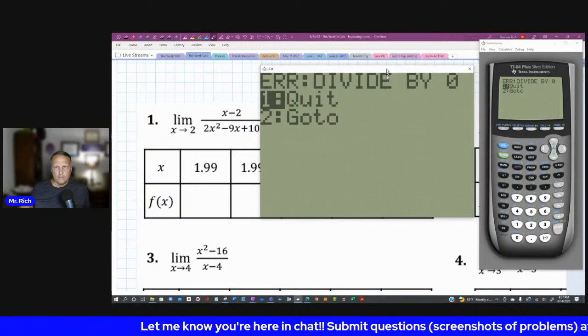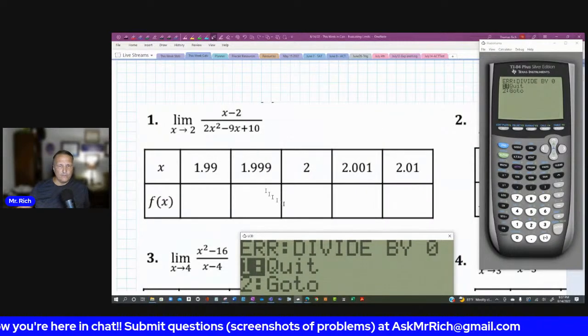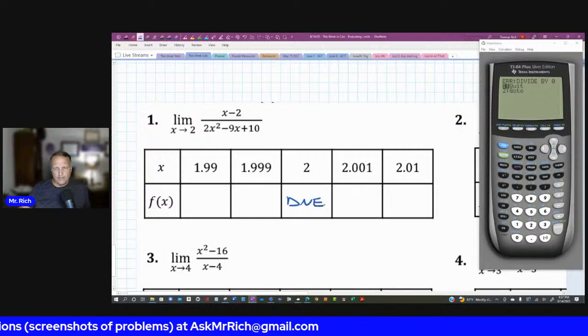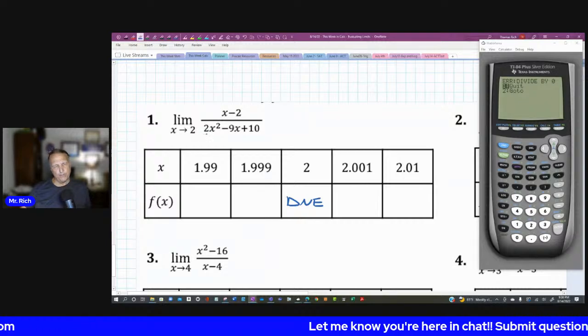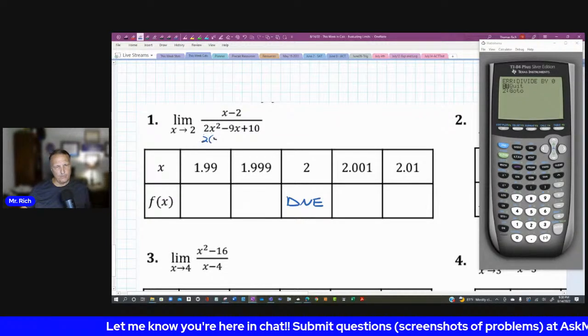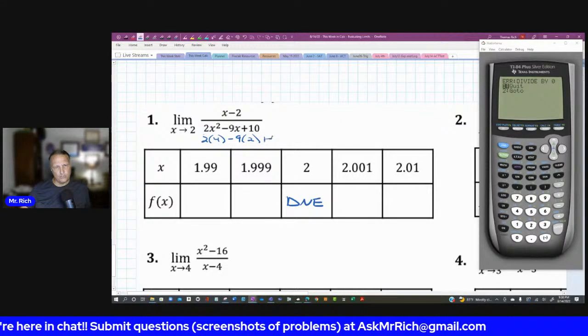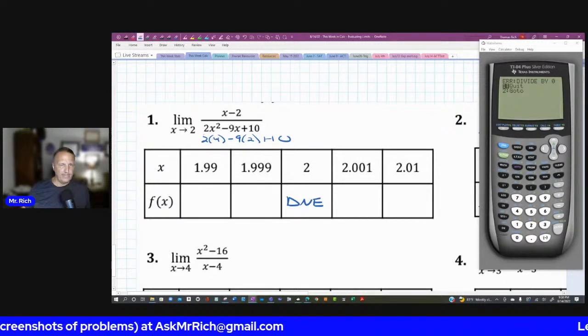So apparently I have a discontinuity at 2, that this function does not exist at x equals 2. DNE stands for does not exist. That makes sense because when I put in a 2 right here in my denominator, I would have 2 times 4 minus 9 times 2 plus 10.